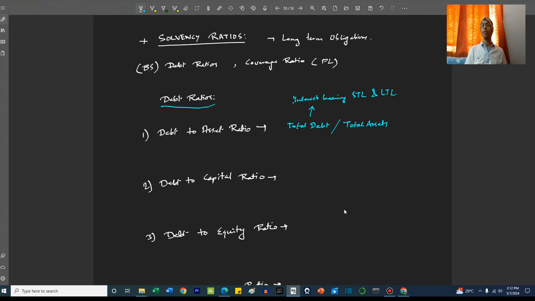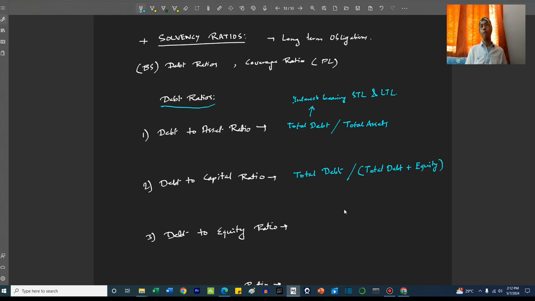Debt to capital ratio. This is the ratio of total debt, again the same definition, divided by the sum of total debt and shareholders' equity. Here the definition of the total debt remains the same.